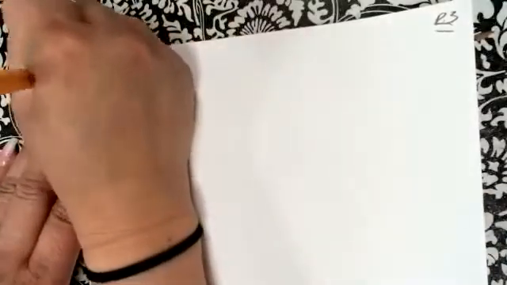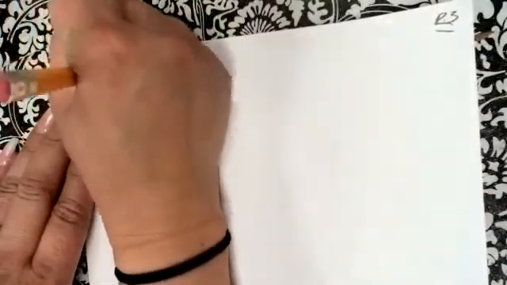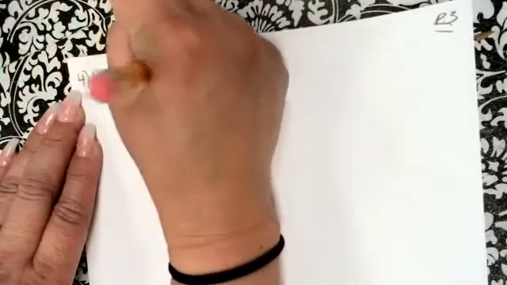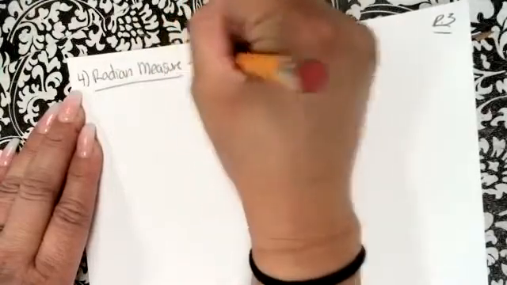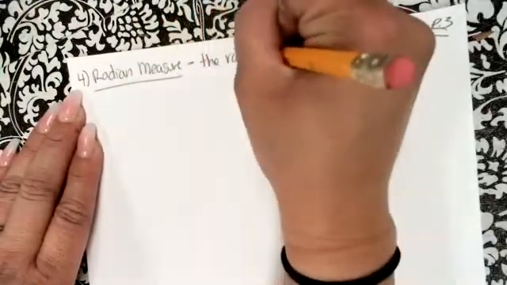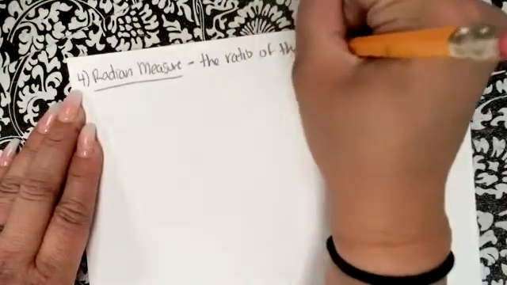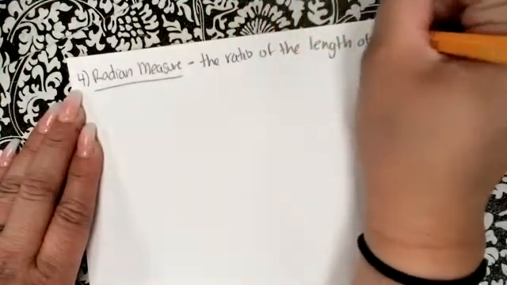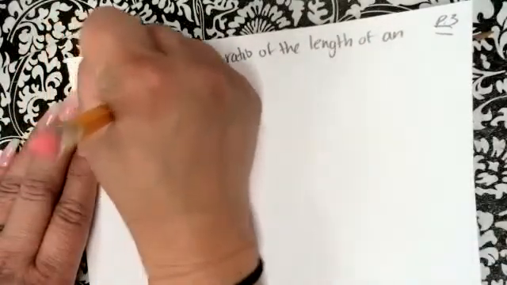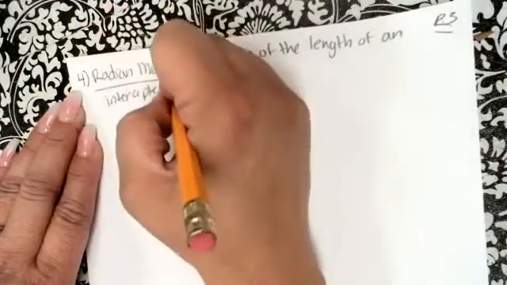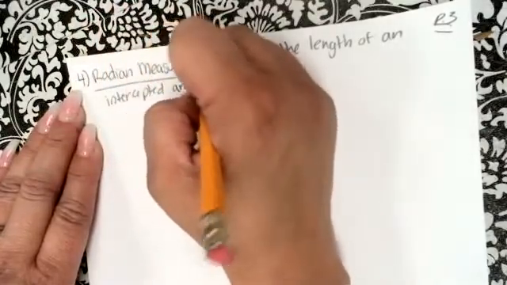Next, we're going to go into radian measurement. A radian measure is the ratio of the length of an intercepted arc and the radius.